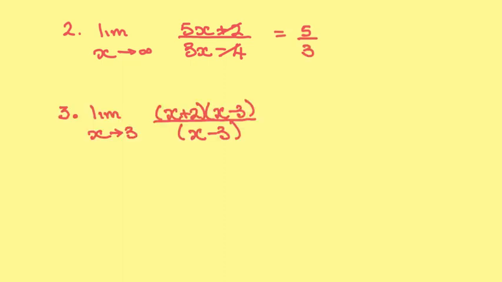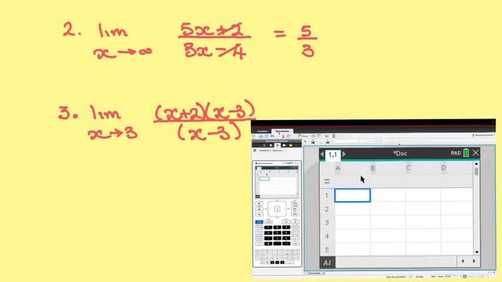The third one we're going to look at is the limit as x tends to 3 of the function x plus 2 times x minus 3 over x minus 3. We're going to use a spreadsheet on the TI Nspire to see what happens as x tends to 3. So if I open the TI Nspire and open a lists and spreadsheets page, in here I'm going to put a value very close to 3, so 2.9.